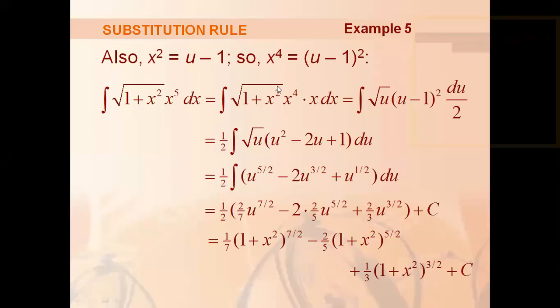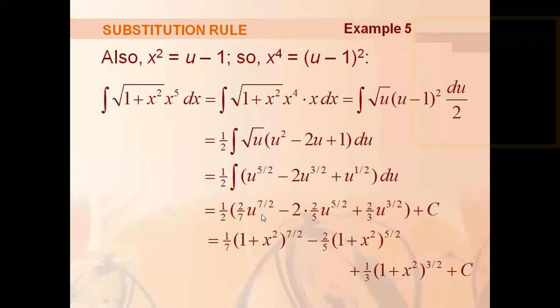Using the same procedure, we can find this integration by the substitution process. So root over u and (u minus 1) whole square means what? By the (a minus b) whole square formula, u square minus 2u plus 1. Then root over u means u to the power half. And u square into u to the power half means u to the power 2 plus half, which is 5/2. And u to the power half into u is u to the power 3/2, and u to the power half.